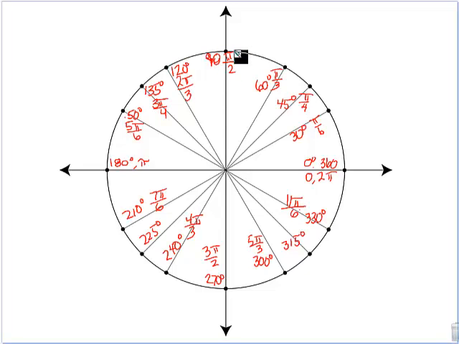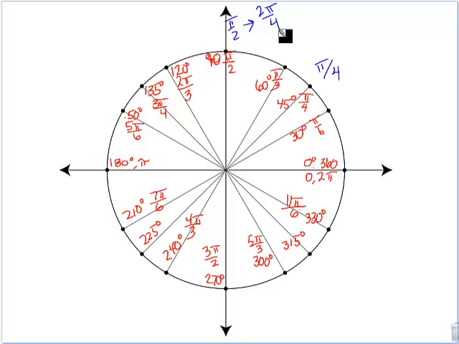Okay, so at 45 degrees, we're at pi over 4. Okay, where's our next increase when we increase by 45 degrees? 90. So 90 currently says pi over 2. How would we write that as over 4 though? 2 pi over 4.